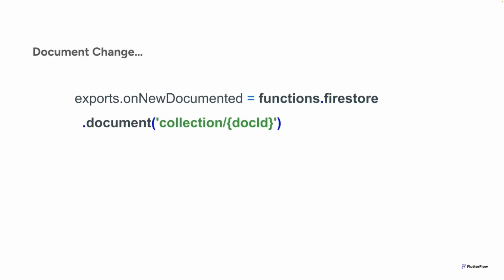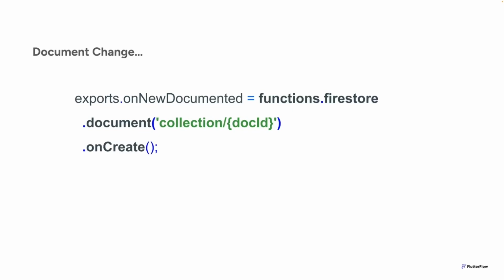Another trigger is when a change in Firestore is happening. In Firestore, a document is a unit of storage that holds fields and their values. We will dive deep into Firestore in Module 15. However, there are a few triggers in functions related to these document changes.